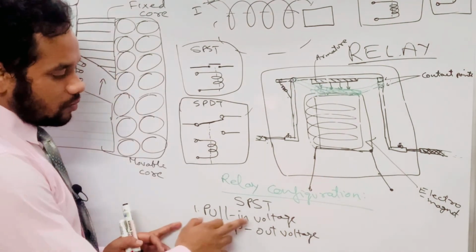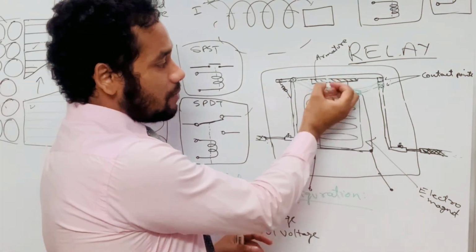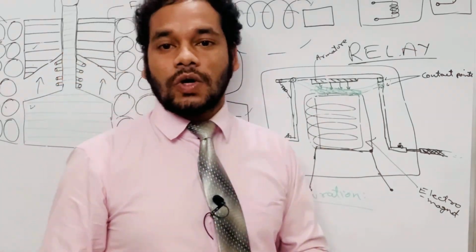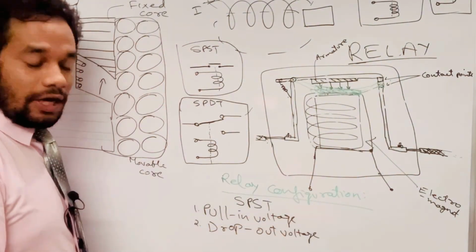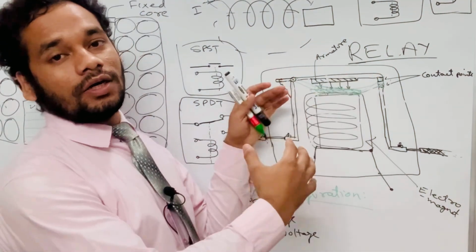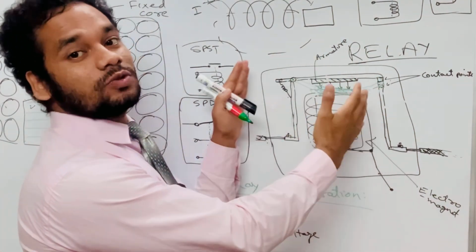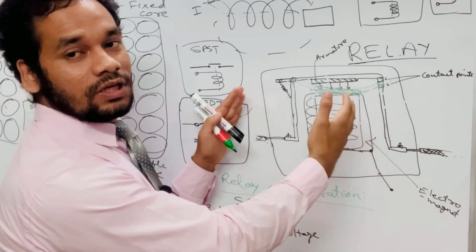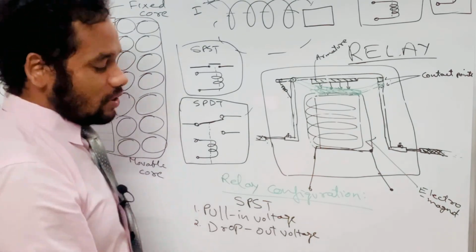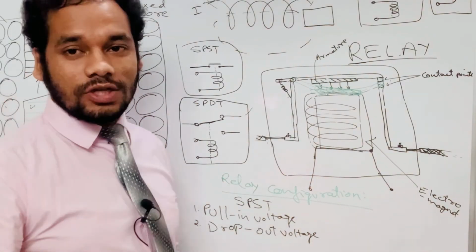So friends, what is pull-in voltage? The voltage at which the armature is attracted by the magnetized core is called the pull-in voltage. And what is dropout voltage, friends? Dropout voltage means when the contacts return to their relaxed positions, normally closed or normally open state, that particular value of voltage is called the dropout voltage of the relay.